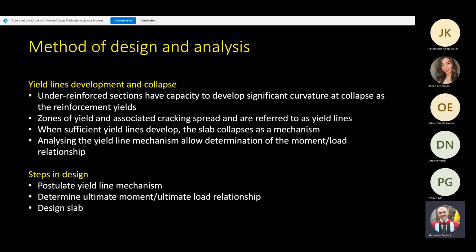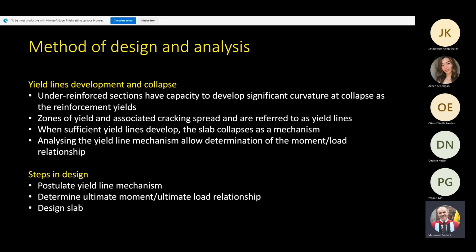When the reinforcement reaches the yield point and the steel has started to yield, this is where the cracks, the yield lines, will start to appear. So the second point is that the cracks are the yield lines. We refer to the cracks as yield lines, and when we have sufficient yield lines developing, this is when the slab collapses as a mechanism.